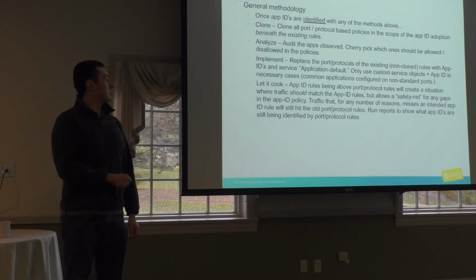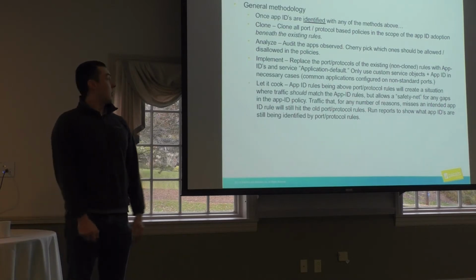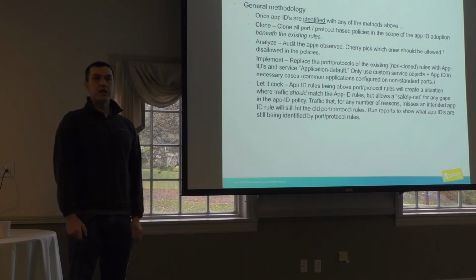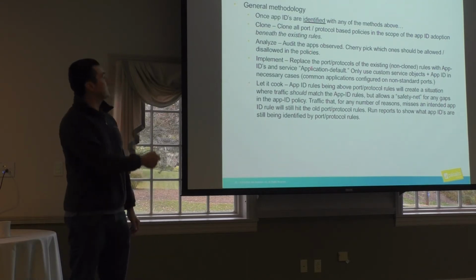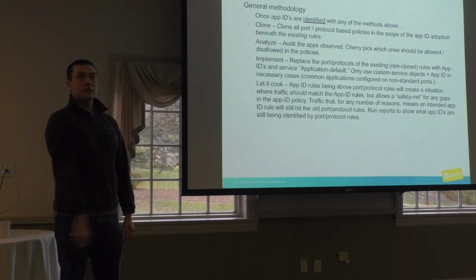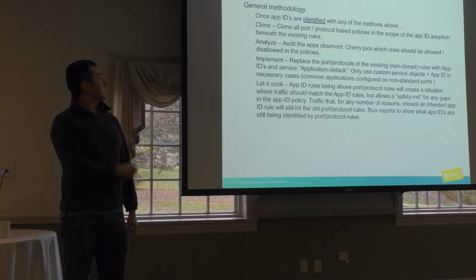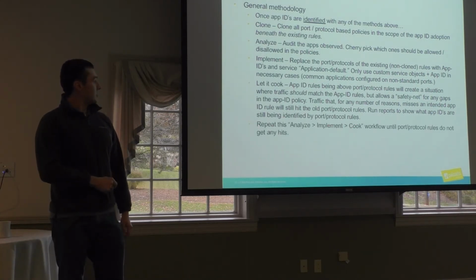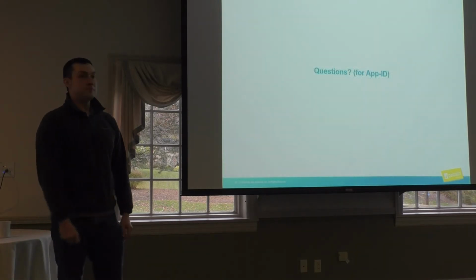Once you have a certain amount of logs, you take a look at it, and if you start seeing those port protocol rules that are still getting hits, you figure out why, and then you repeat the process, starting from the analyze step, because you've already cloned it. So repeat: analyze, implement, cook, until you no longer have port protocol rules that are getting hits.